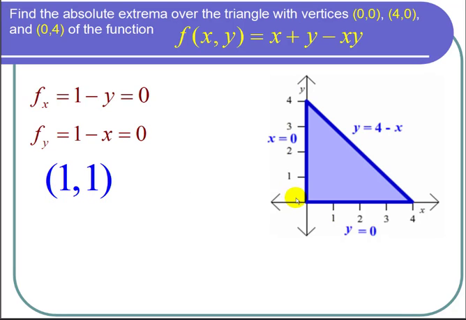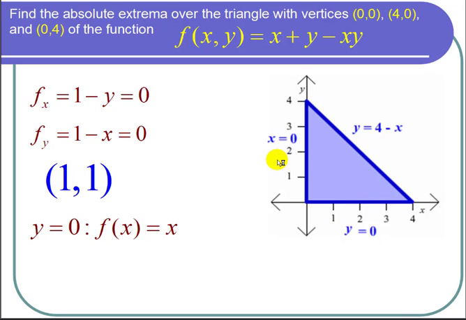So now let's look at the boundary. On y equals 0, we can plug in 0 for y, and we get x plus 0 minus 0, or f(x) is equal to x. f prime of x is just 1, and that doesn't have any zeros. So that means that on this line segment, the max and mins have to occur on the boundary or on the vertices of the triangle.